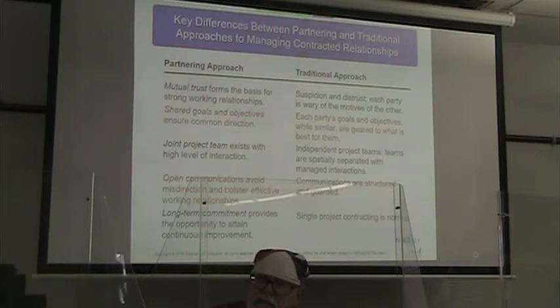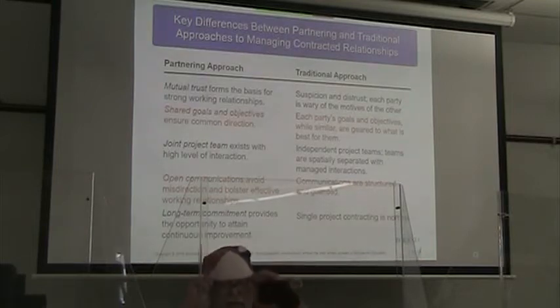The 19th century school said it's every company for itself, and if they aren't sharp enough to negotiate properly, then it's on them. So our traditional approach contains a lot of suspicion and distrust.